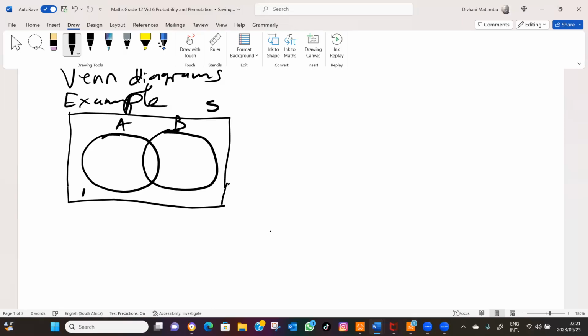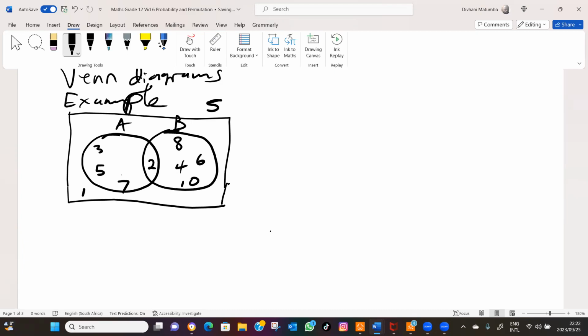And this is the sample. The sample is within this rectangle. All right. 1 is there, 2, 3, 4, 5, 6. Let's put 7 there, and let's just put 8 here, and let's put 10 here.